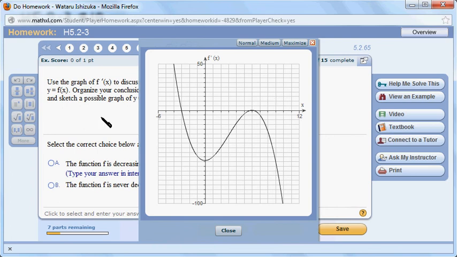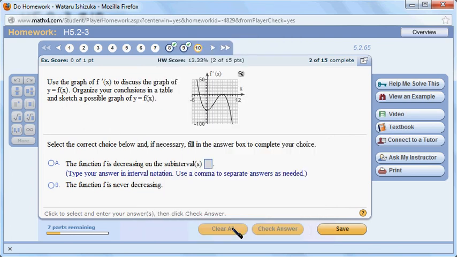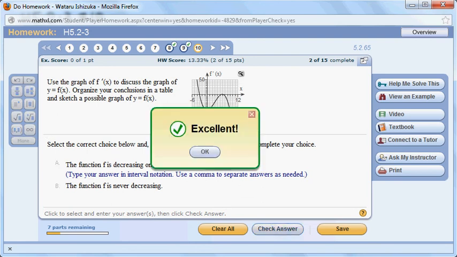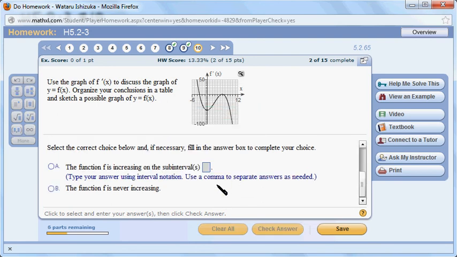So let's close that. So starting from -3, oops, I want parentheses, -3 to positive infinity. All right, so we have that. Let's check that. All right, got that.